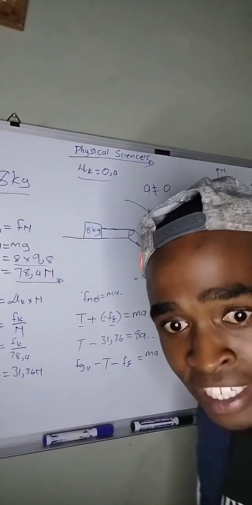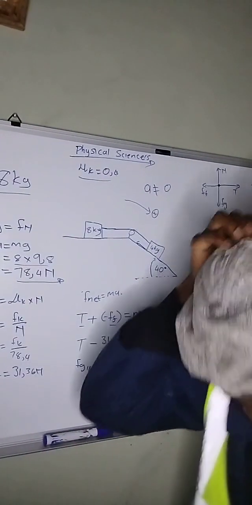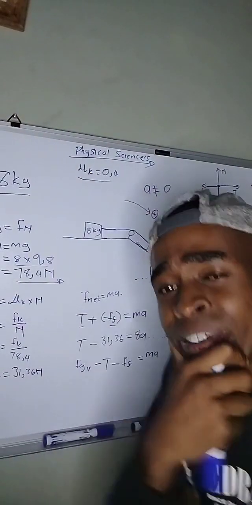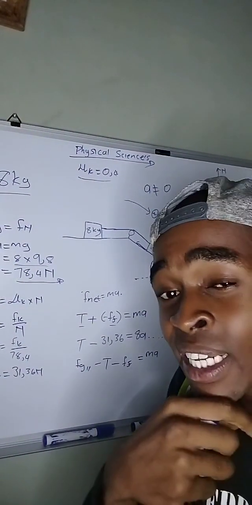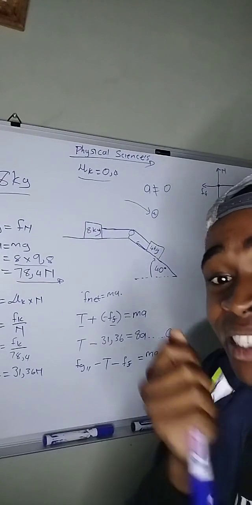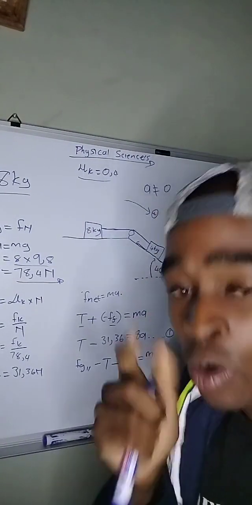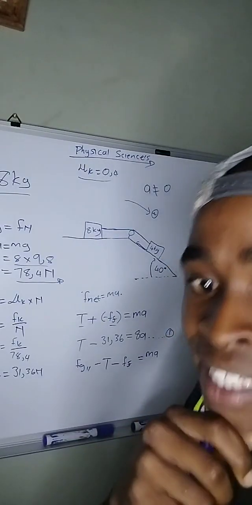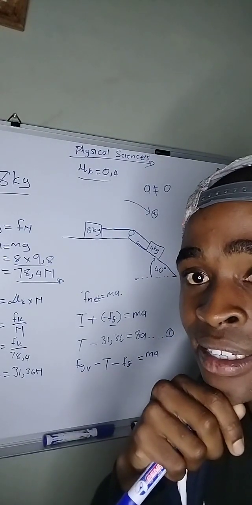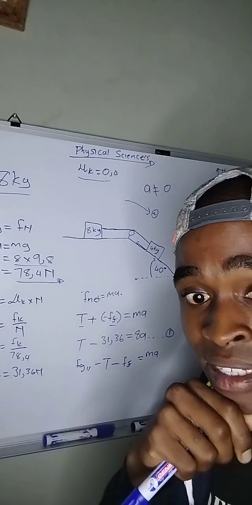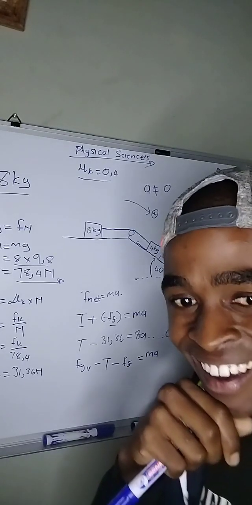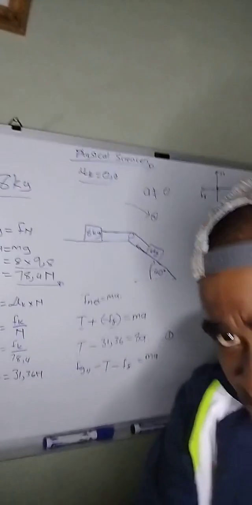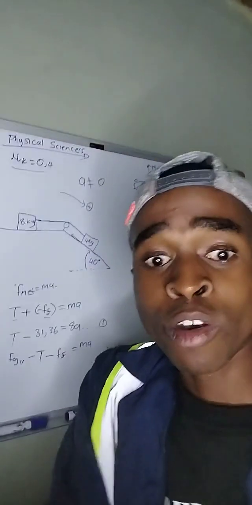Now I want to know, is the normal of the 4 kg equal to the force of gravity? I want to know that. But it has to be equal to something because it's normal.